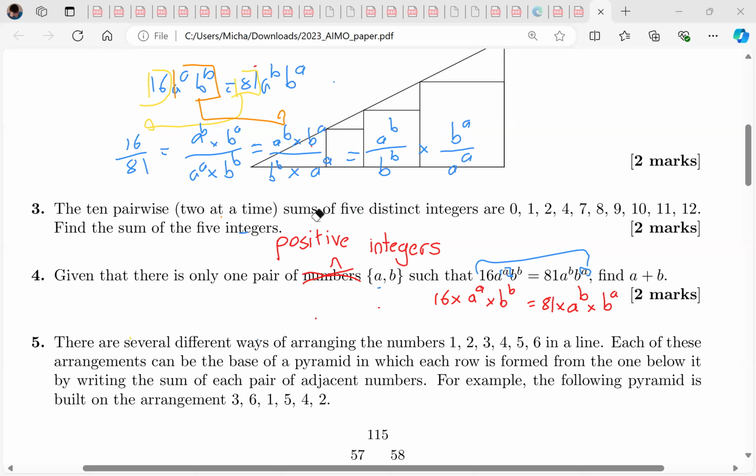Is it 16 or 81 equals a to the b times b to the a, or what happened there? Because it is. What was done? They did two steps in one go there.